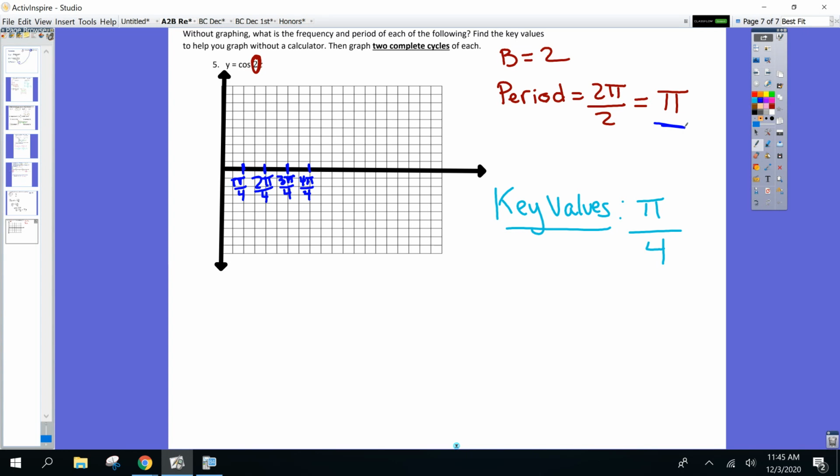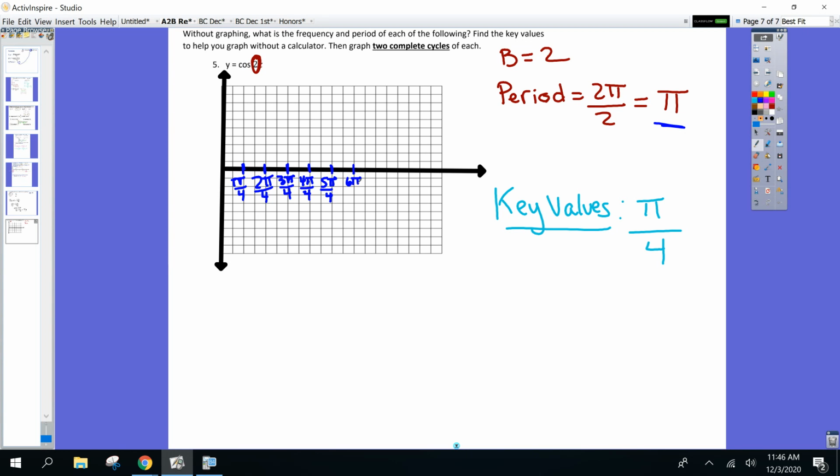Go ahead, guys. What do you think the next tick mark will be then? I got to go one more time here. So it'll be what? Would it be 5 pi? Yeah, you guys are good. 1, 2, 3, 4. 5 pi over 4. 6 pi over 4.